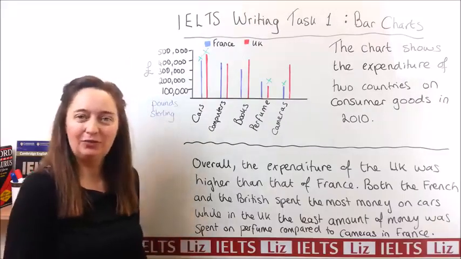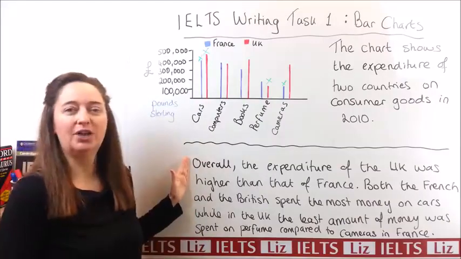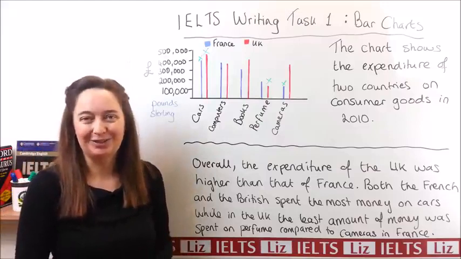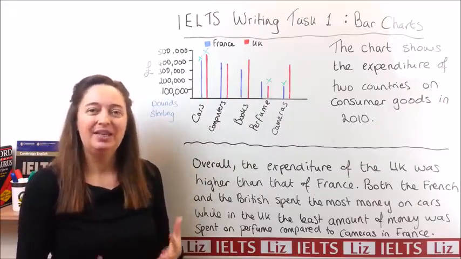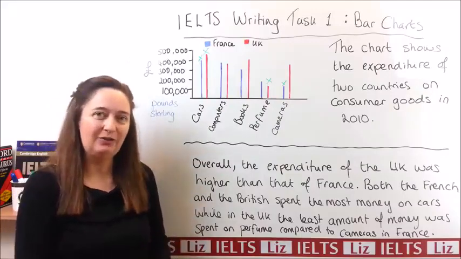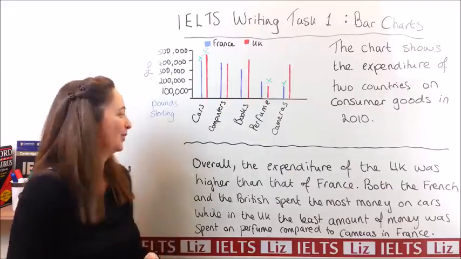And here we've got the overview. So let's have a look. We start with the word overall because we want to show the reader, to show the examiner, that this is our overview. This is a good technique to use because it means the examiner can easily find the overview, and that will help us get a better band score.